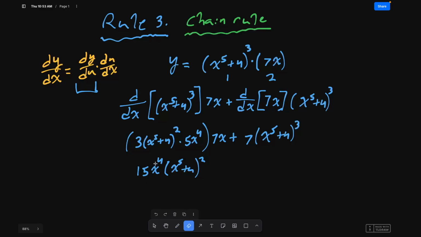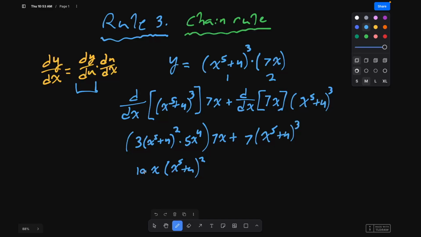And then we have x to the 4th times x. So 105x to the 5th, and that simplifies that. Then we can't do any simplification here. We just have 7 times x to the 5th plus 4 to the 3rd. And that is our final answer.